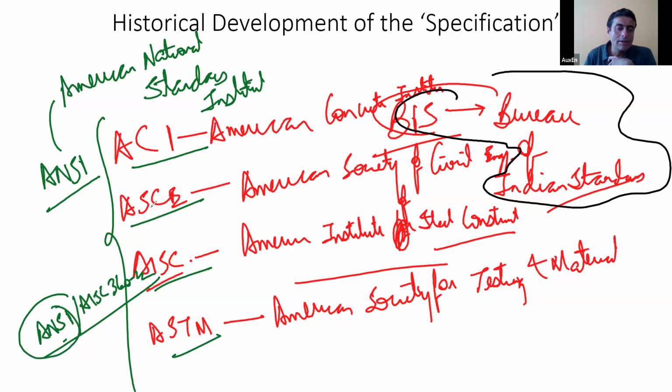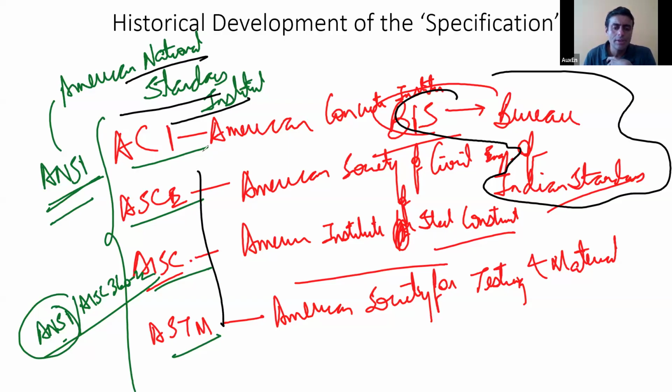This ANSI will be the nodal body, just like we have the Bureau of Indian Standards. It is the nodal body which finally ratifies or agrees to these standards, and then they get published. Is that clear?